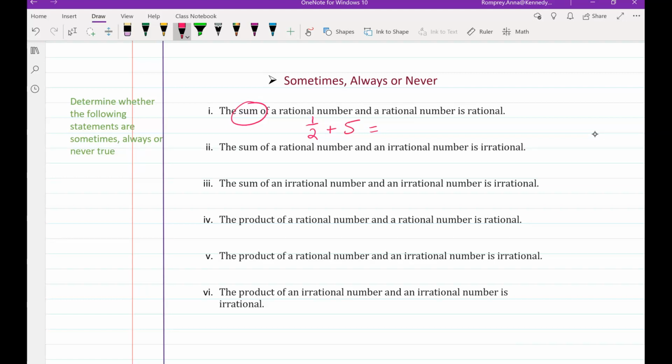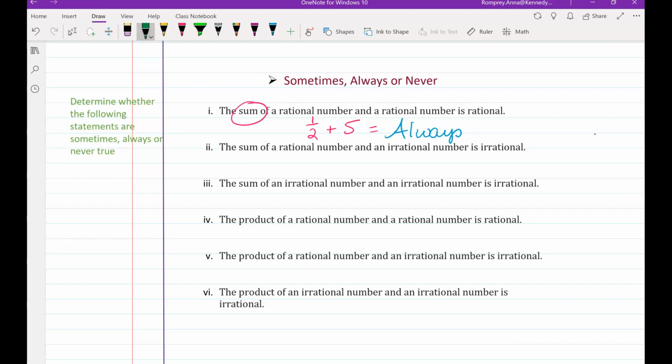So if I'm adding two nice fractions, will I end up with a fraction? Absolutely. I will always end up with a fraction. It may get a little bit uglier, like I might have to make common denominators, and that denominator might get a little larger, but it's definitely still going to be a fraction. So rational plus rational, always going to be rational.